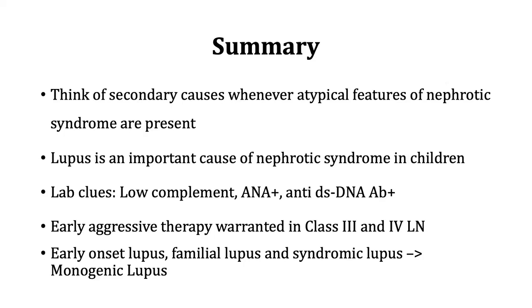But a UPCR of more than 0.2, because that is the cutoff taken for complete remission in children, anything beyond that cutoff is probably an indication for a kidney biopsy. And it is always better to quantify the proteinuria rather than relying on dipsticks. Of course, a dipstick of 3+ or 4+ is clearly an indication, but anything 1+ to 2+ should probably be quantified.